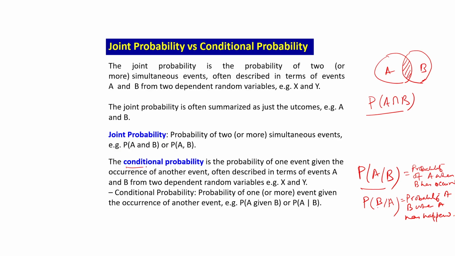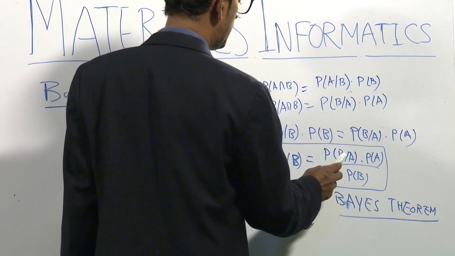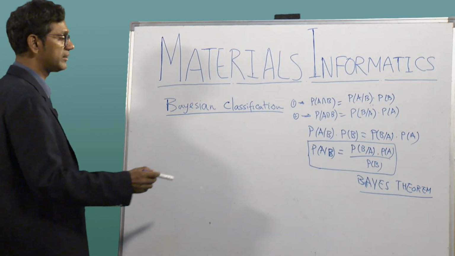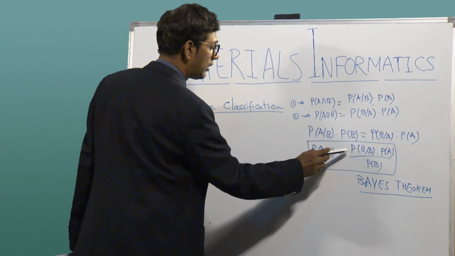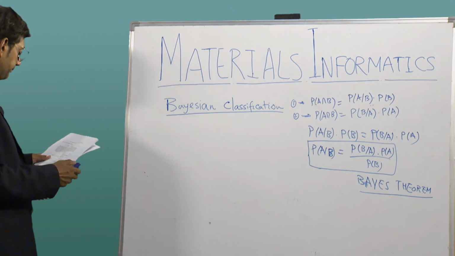This is what is called conditional probability, and by using certain mathematical equations, I showed you that the conditional probability of A when B has occurred is related to the conditional probability of B when A has occurred by this fundamental equation. That means if I know one probability, I can calculate the other. That is the advantage.